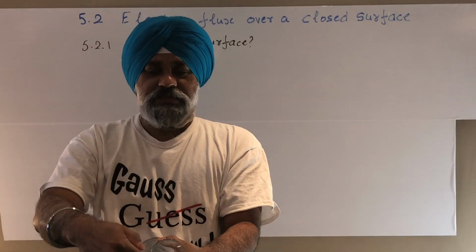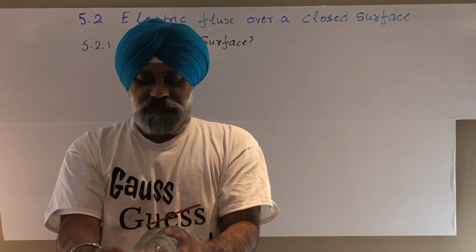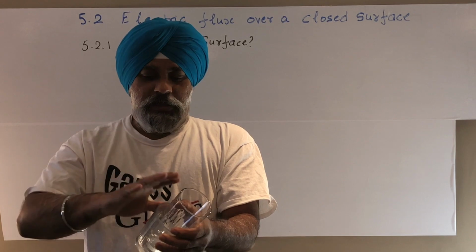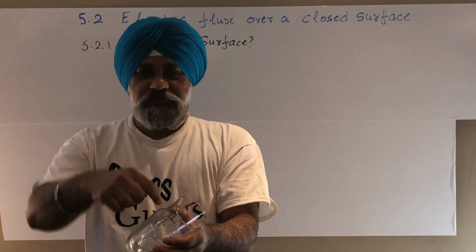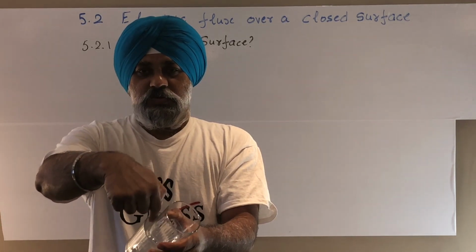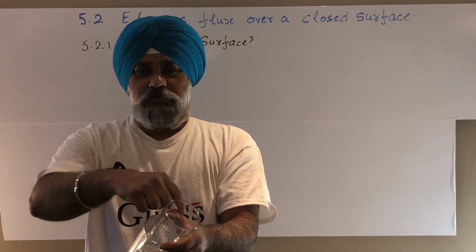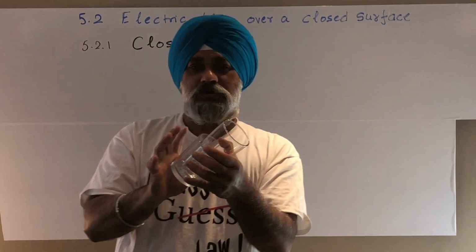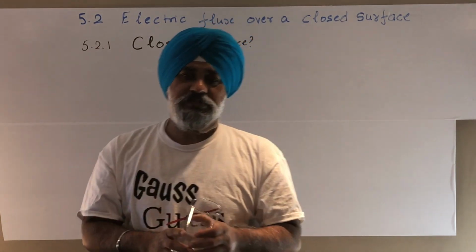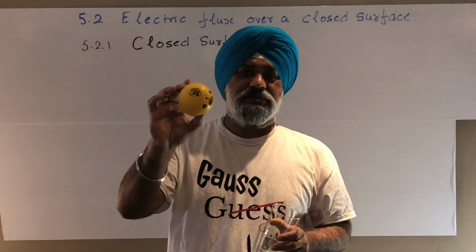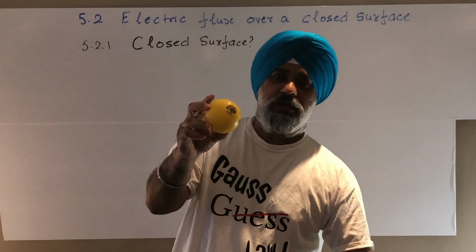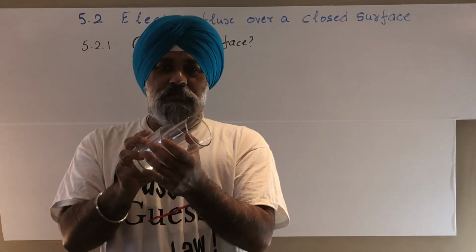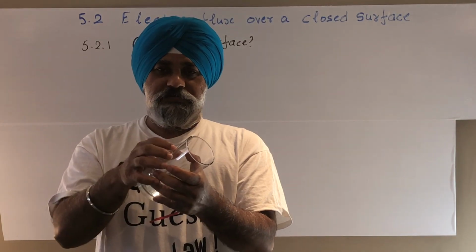Because of the surface creating this cap, and obviously a cap below. Why is this a closed surface? Because if I wanted to go inside this volume, I will have to puncture a hole through the surface. This is also a closed surface. So a closed surface doesn't necessarily need to be a single surface where you can move from one point to the other. This becomes a closed surface too.